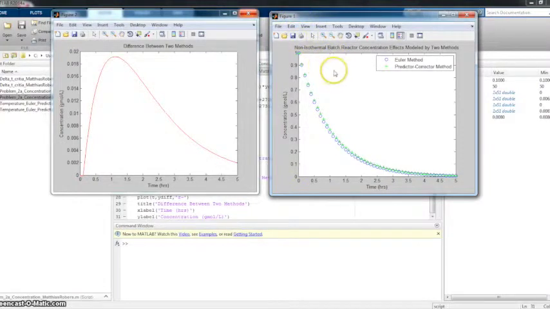Figure 1 represents the Euler method and the predictor-corrector method graphs of time versus the concentration, and you can see they're both pretty similar in this case.